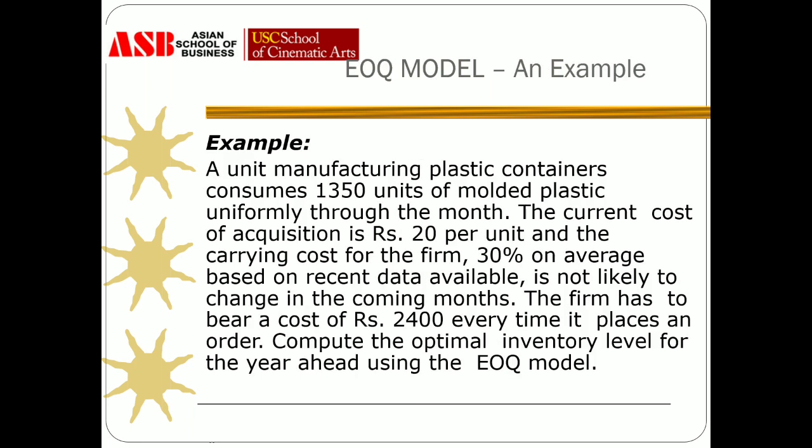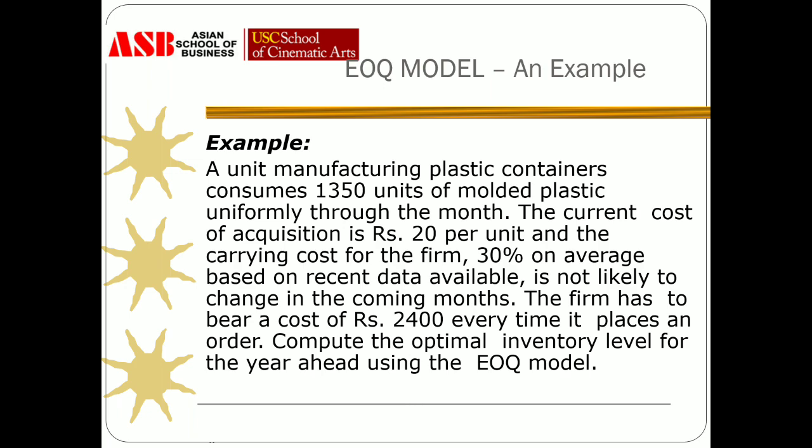Now, we'll explain the EOQ model by using one small example. A unit manufacturing plastic containers consumes 1350 units of molded plastic uniformly through the month. In the first statement, the number of units is given on a monthly basis.